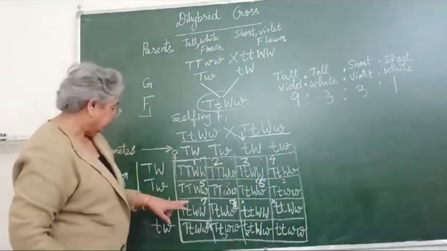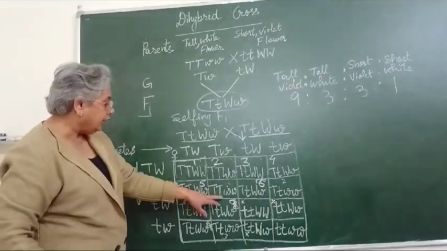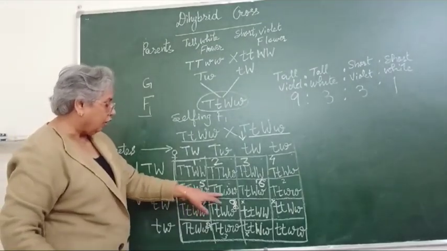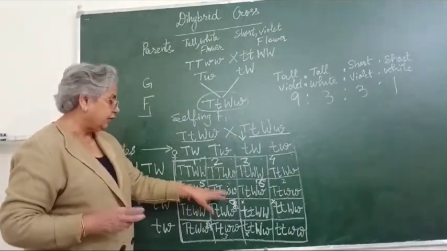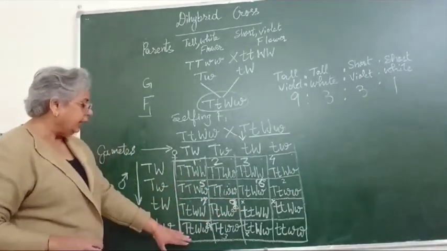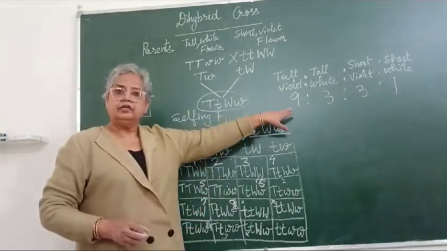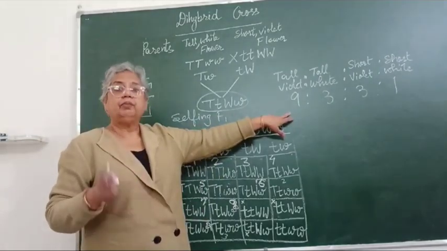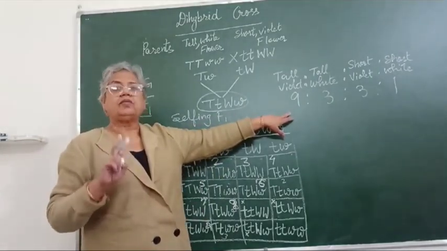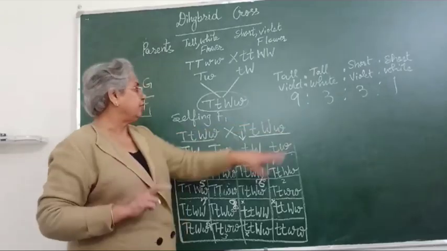So 4, then tall, violet. Why did I rub this? Because it is tall but it is not violet, because there are 2 small w. So it is white. So 9 are tall, violet. Some are genotype, some are phenotype. But in total 9 plants are tall with violet flowers.